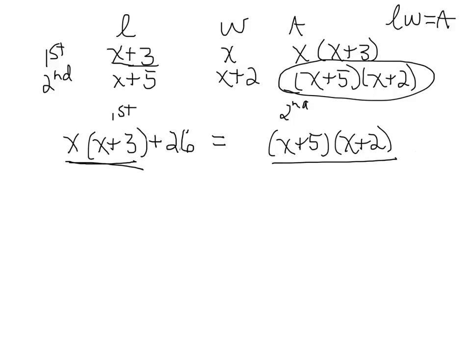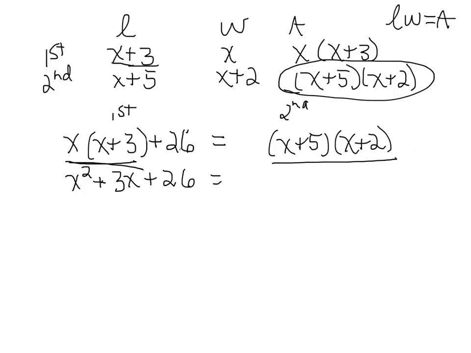The rest is doing the math that we've been working on, multiplying a monomial by a polynomial, in this case, distributing the x over the x plus 3. And in this one, you have to remember that you are multiplying a polynomial by another polynomial.